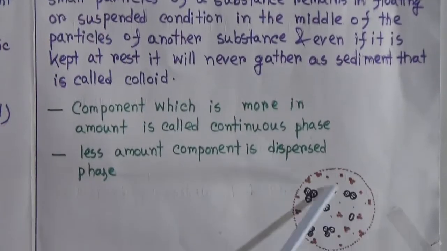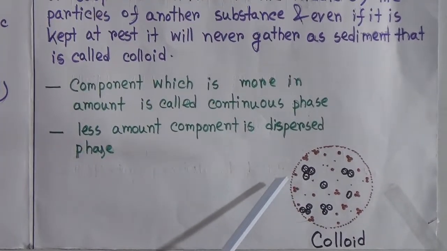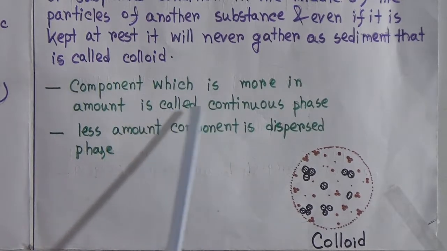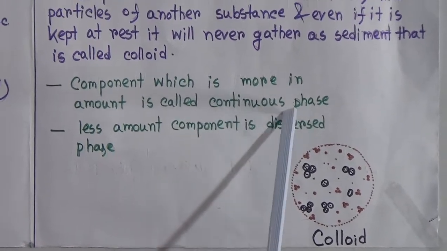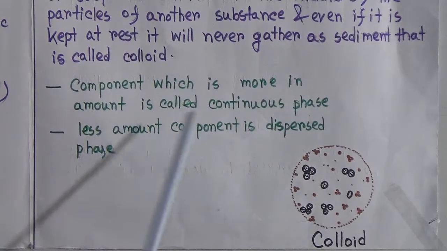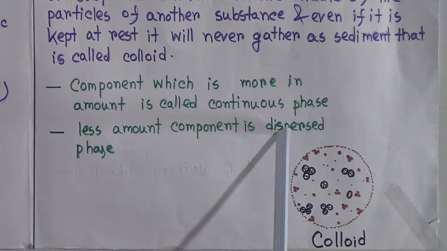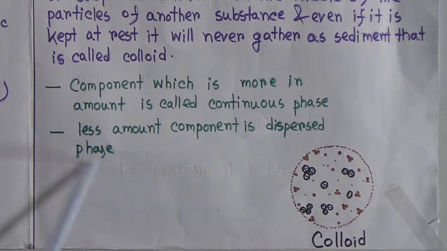There are two kinds of particles present in a colloid. The one which is more in amount is called the continuous phase, and the one which is less in amount is called the dispersed phase.